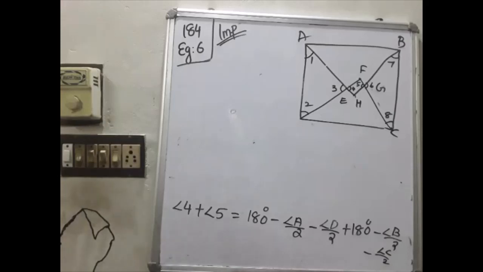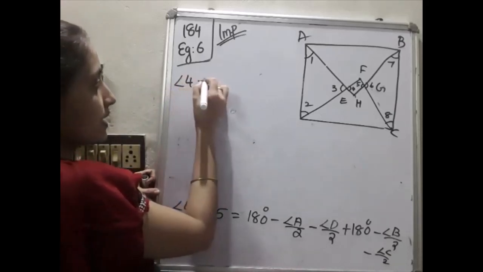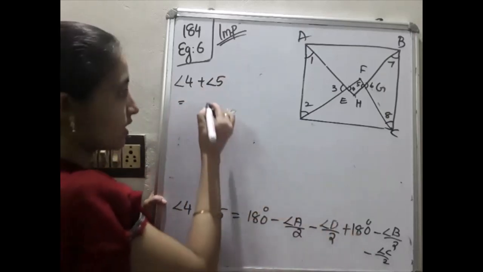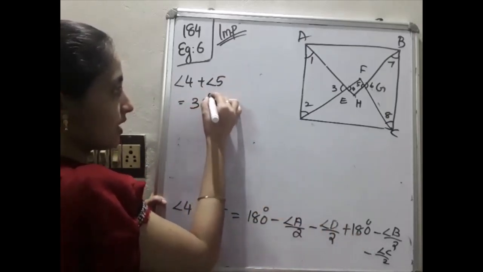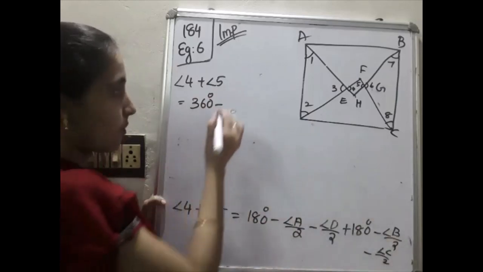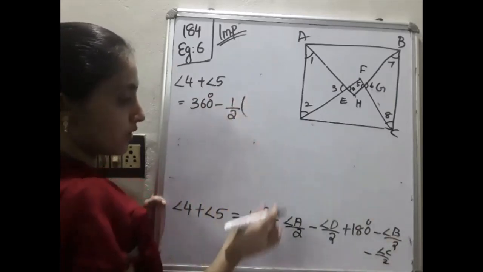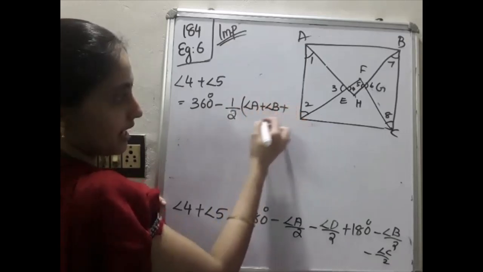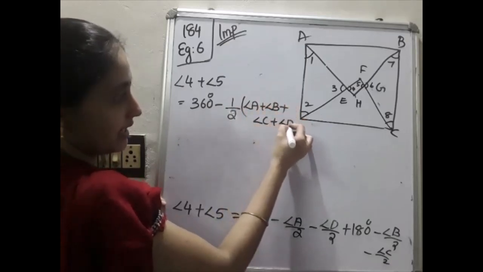So listen here. You can write angle 4 plus angle 5 will be equal to 180 plus 180, which is what? 360 degrees. Okay, minus 1 by 2 is common to all. So minus 1 by 2 and then the remaining is what?